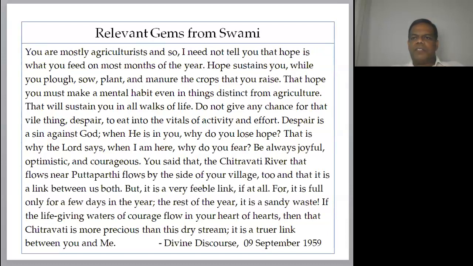This also on Chitravati. You're mostly agriculturalists, and so I need to tell you that hope is what you feed on most months of the year. Hope sustains you while you plow, sow, plant, and manure the crops that you raise. That hope you must make a mental habit even in things distinct from agriculture.